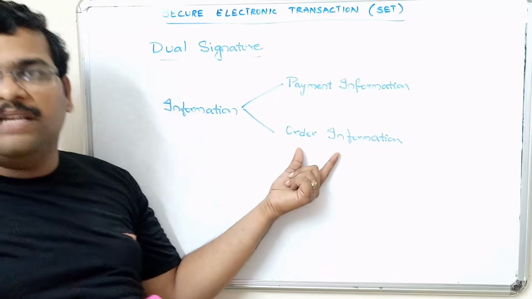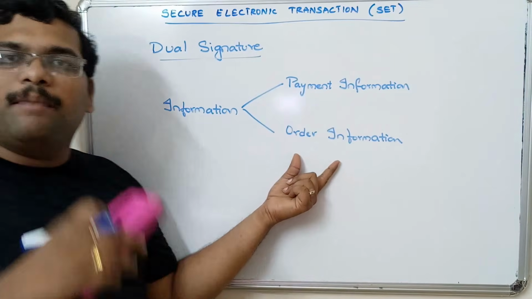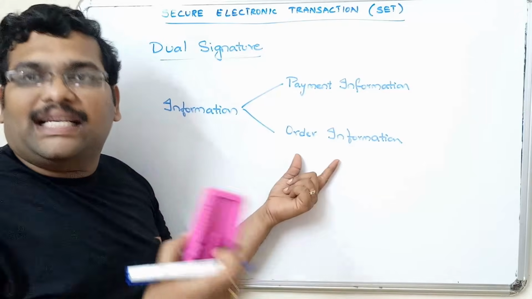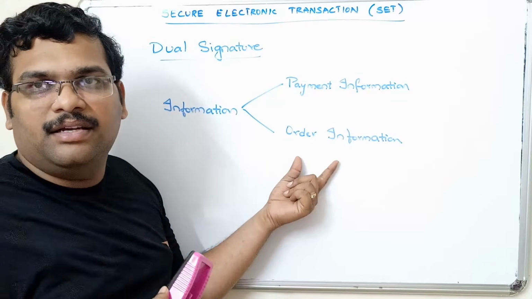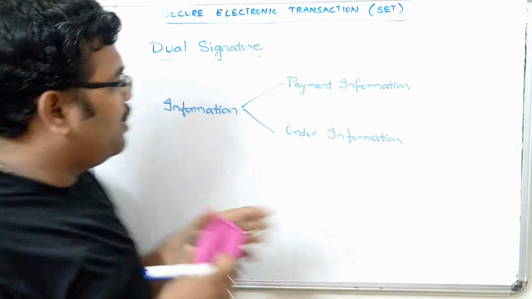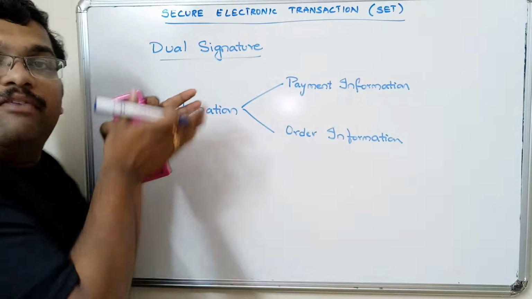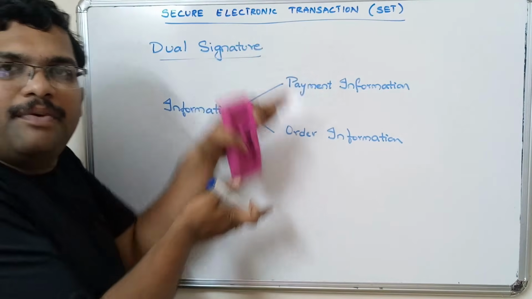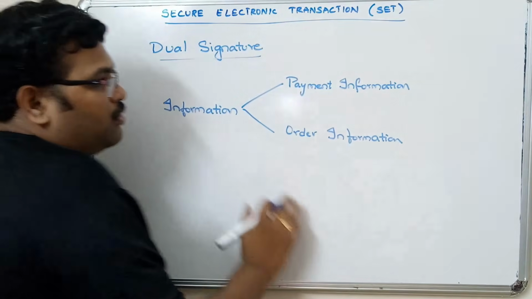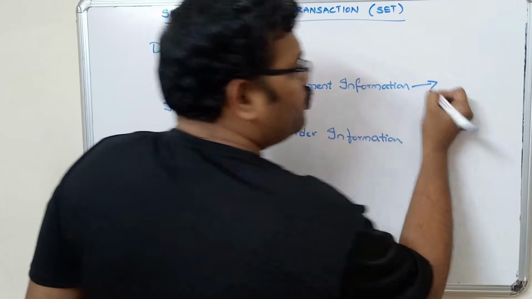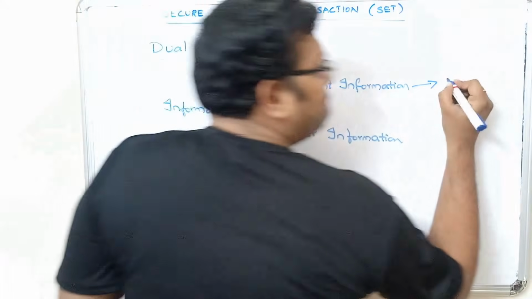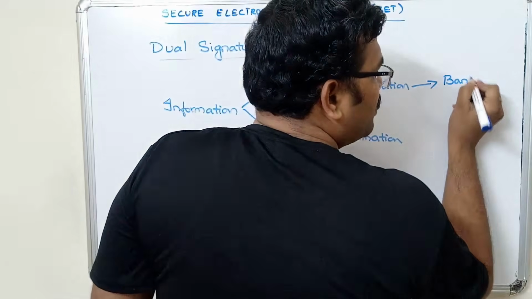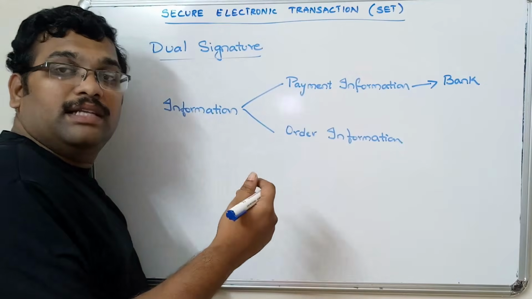And order information means whatever products we are going to buy, simply our cart, the products of our cart. So the information will be divided into two parts, payment information and order information. The payment information should be sent to the bank. So listen carefully.